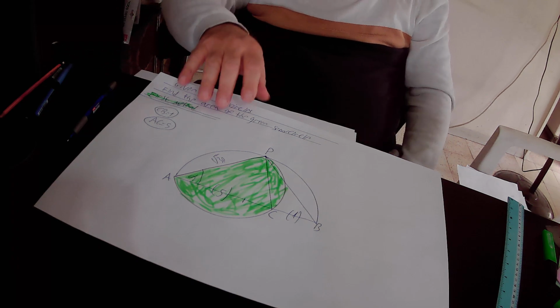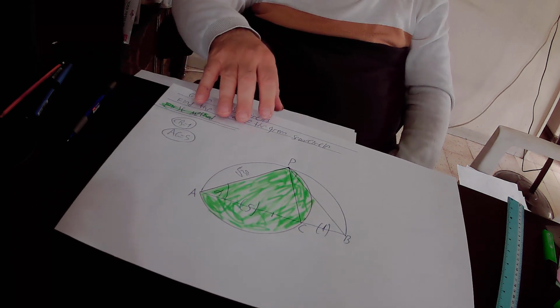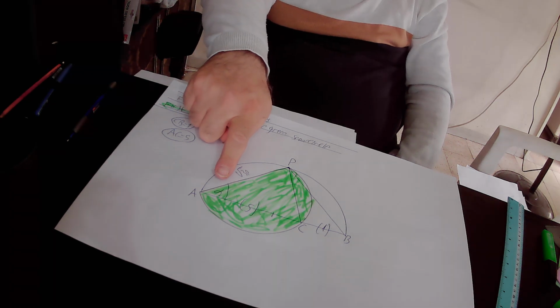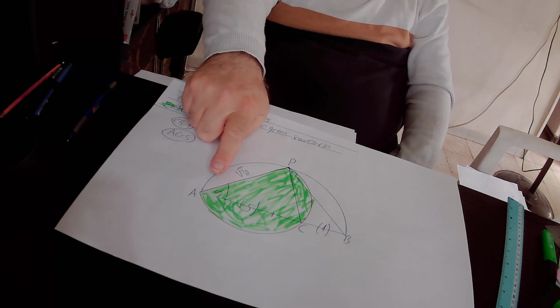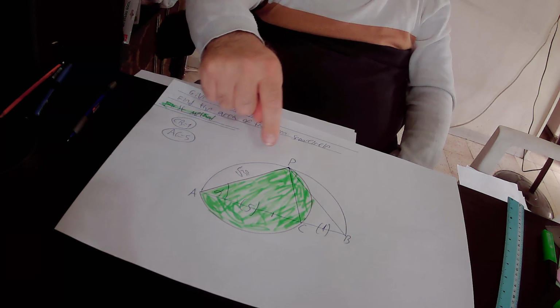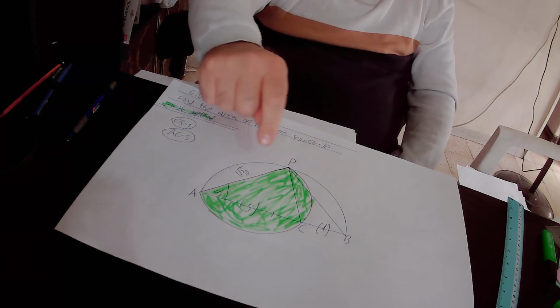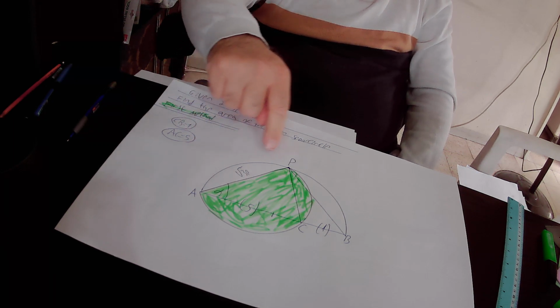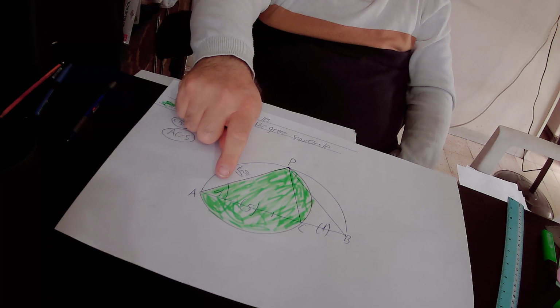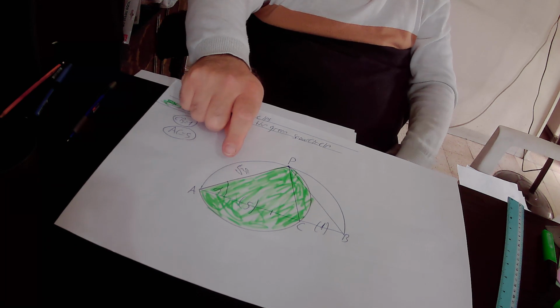So if we look in the original drawing, this angle A is a common angle that belongs to both triangles. It belongs to the green triangle APC, and this angle A also belongs to triangle APB. Therefore, angle A is a common angle that belongs to both triangles.